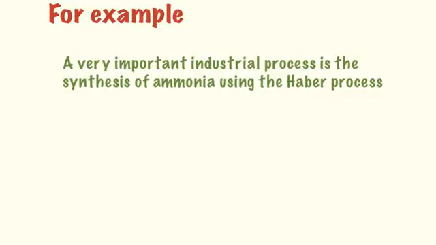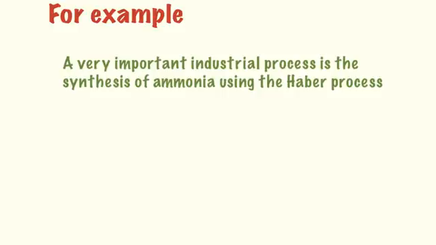Let's consider an important industrial application. We've got the Haber process, which involves the making of ammonia. Ammonia is used in 2 very important things. One, of course, is fertiliser for making food, and the other is making munitions, bombs and explosives.